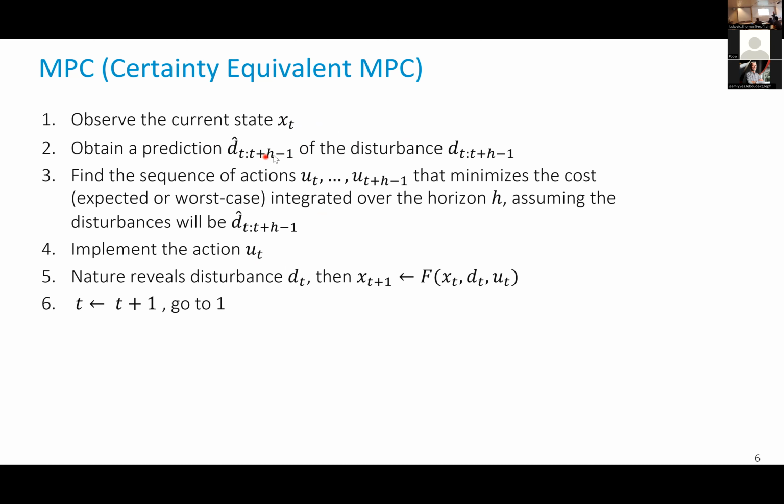H is the horizon. In our example, it would be 2 days. So we want a horizon that's long enough so that it incorporates the benefit of doing things in advance. If the horizon is too small, then the benefit of MPC will not show up. It's not interesting to do an MPC.